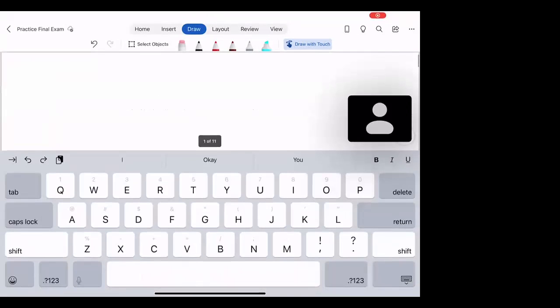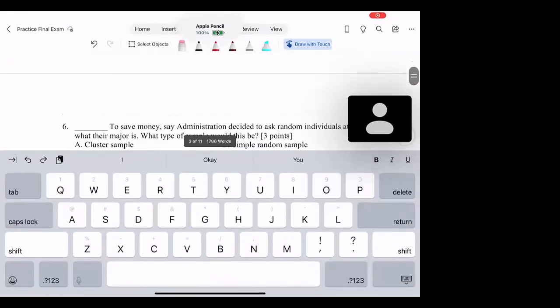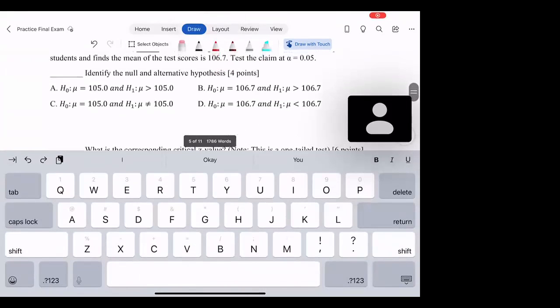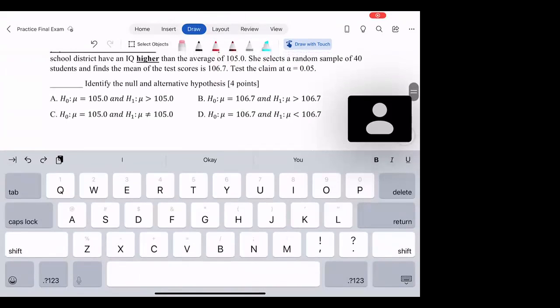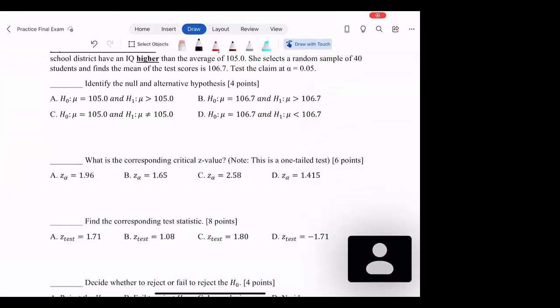Test the claim at alpha equals 0.05. So the first part is identify the null and the alternative. So this is just like what we did. What is the null? Yeah, mu equals 105. What is the alternative? Yeah, higher than, so greater than, so A.